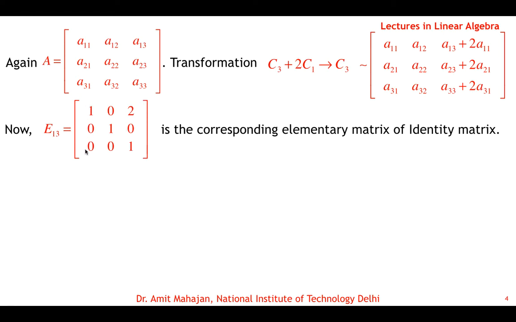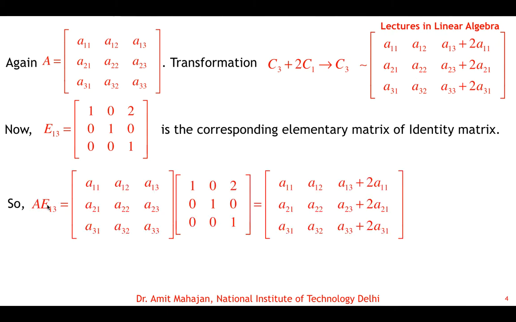So this is the elementary matrix obtained from the identity matrix by this transformation, C3 plus 2 C1 impacted on C3. And this method says that if I calculate A times E13, so if this E13 matrix is post multiplied to A, I should get this same matrix. So A times E13, the product of these two, will give me this matrix, which is the same as the transformation of matrix A by using the same transformation, column 3 plus 2 times column 1 impacted on column 3.